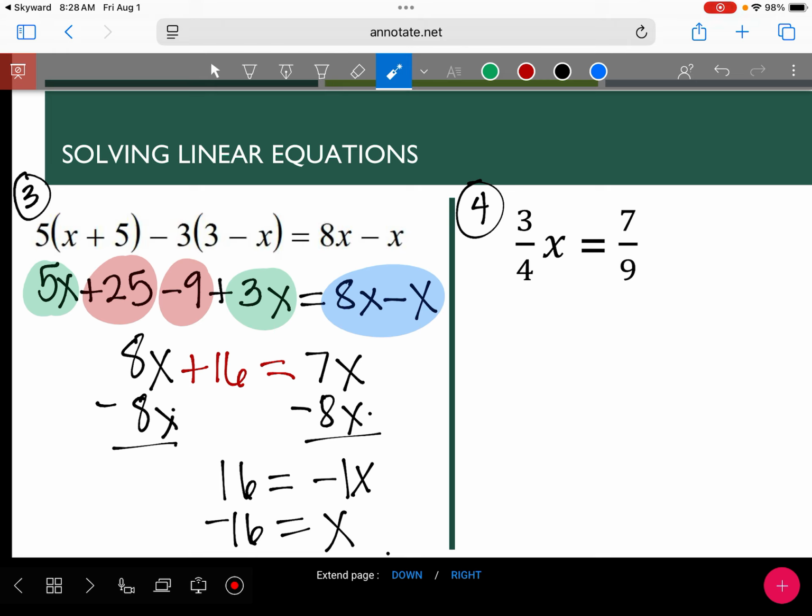The other thing I saw, I only looked at a few papers, but some of you wrote that 8x minus x is a 9x. And that's not true, right? 8 minus 1 is 7x. So that would be my final answer.